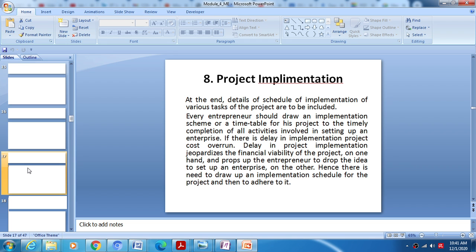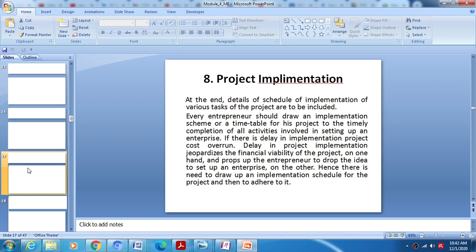For example, there are 10 stages or 10 processes for the product to come up at last. So every stage of the production should be clearly scheduled. Once you do that, you never overrun the cost of the project.